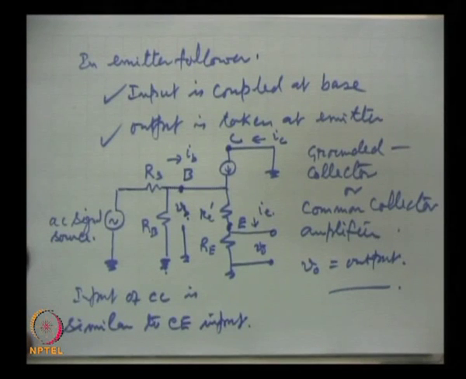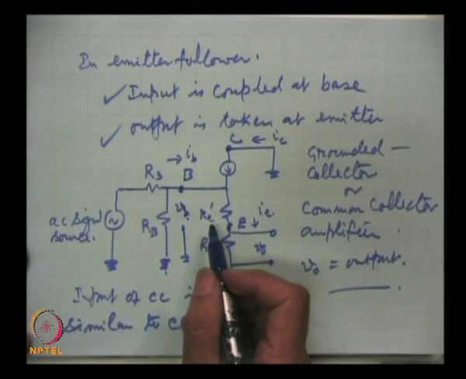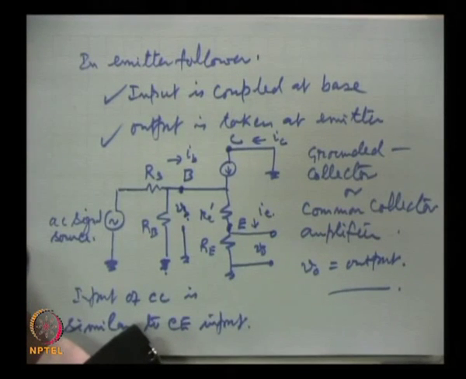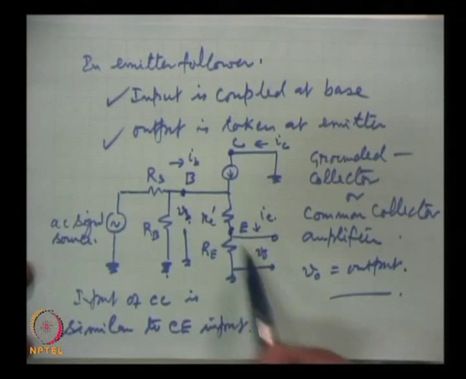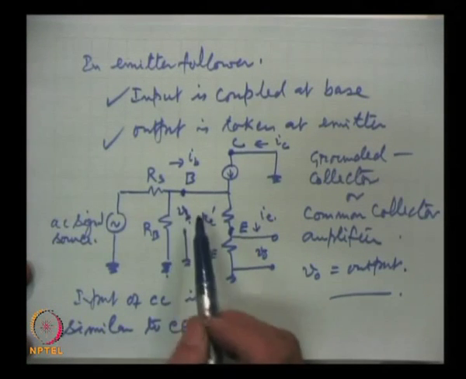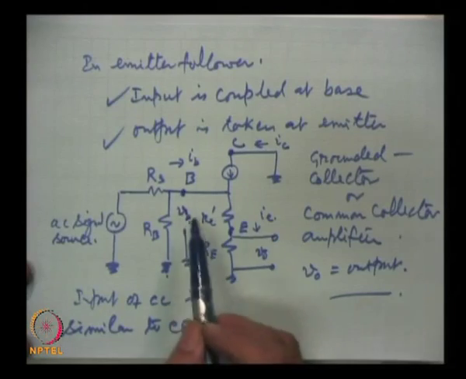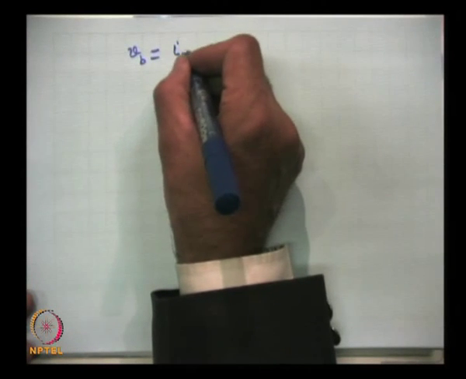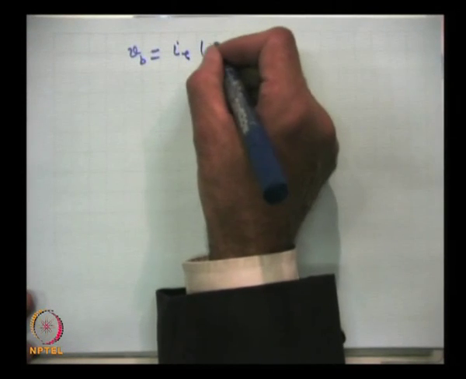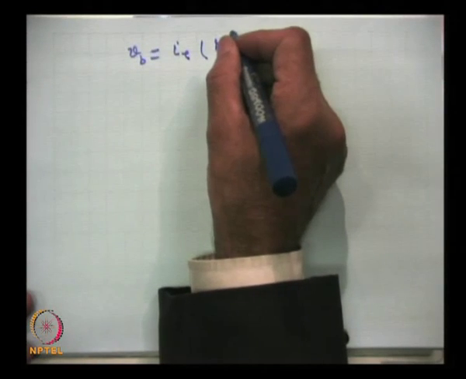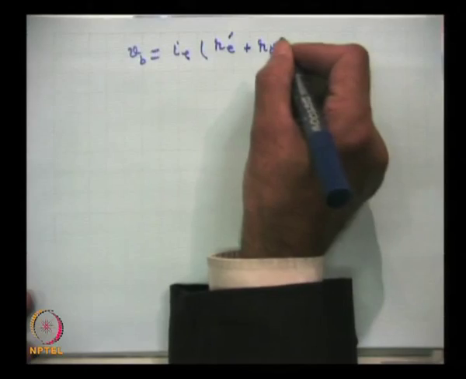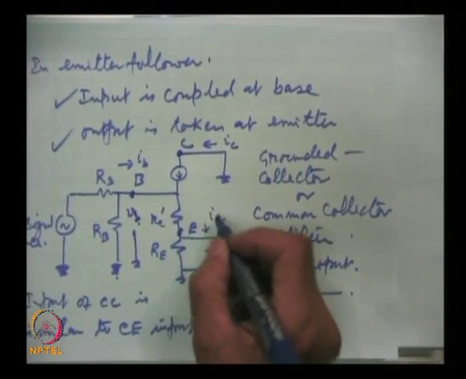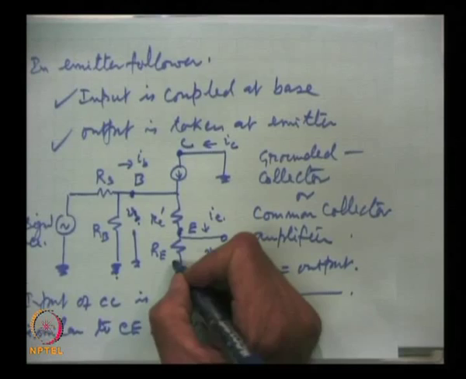Therefore, we can use the expressions which we arrived at earlier, equations 1, 2, 3. The two equations certainly can be used here. So, the base voltage V B, if you turn back the earlier pages, you will find that V B was equal to I E into R E prime plus R E. The current I E flows through these two resistances in series.